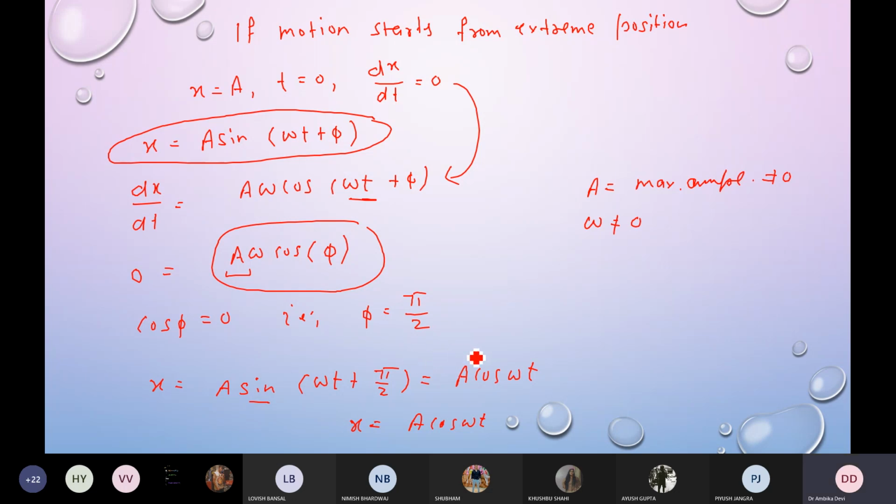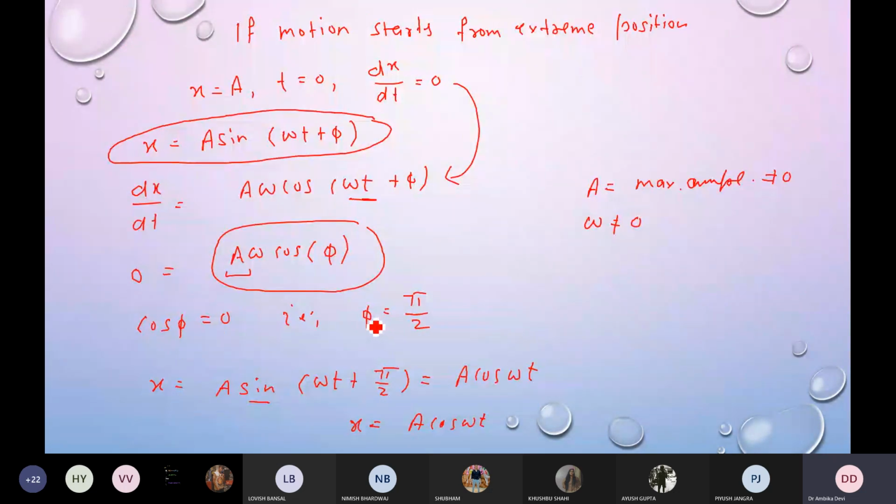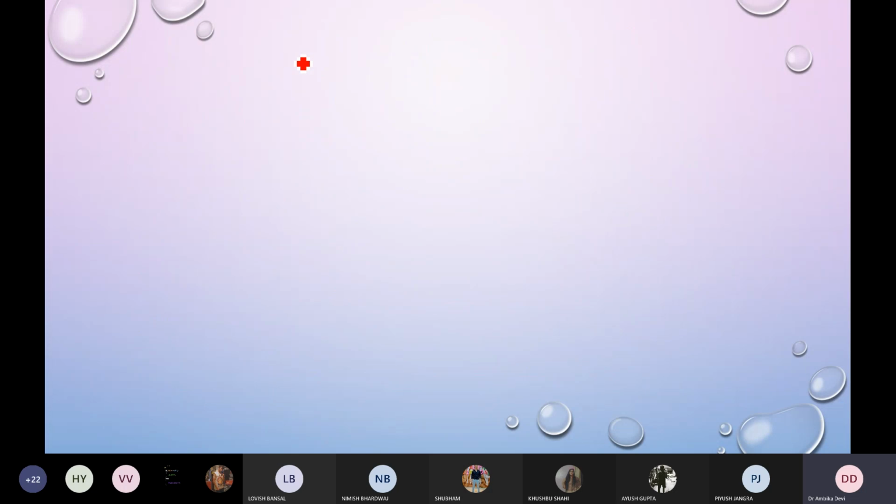And another thing is, if the motion does not start from the extreme end, and if the motion starts from equilibrium position, under that situation, the solution of the equation will be the same as that of simple harmonic motion.